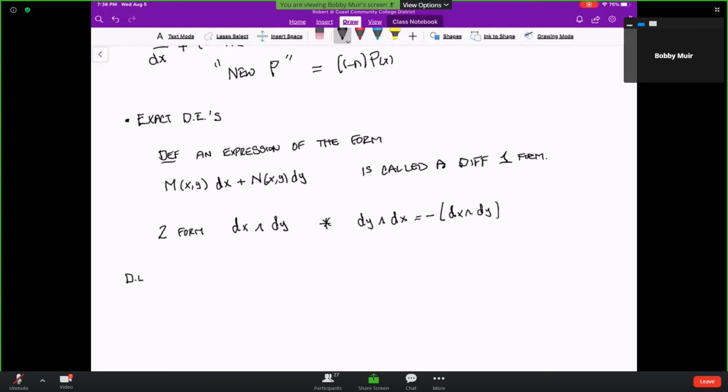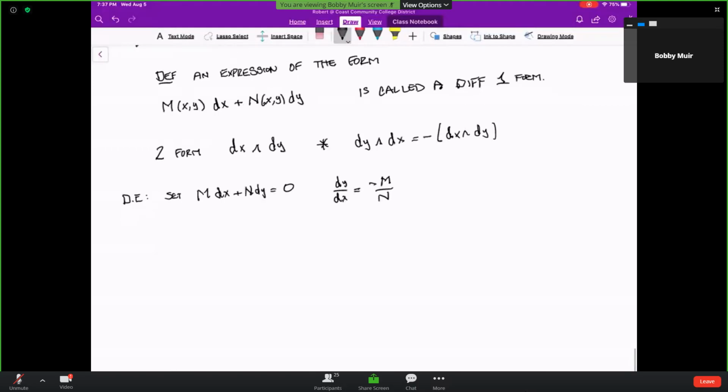If I set m, dropping the x and y, then what we can find is that dy dx is going to be negative m over n. So we do get a differential equation.